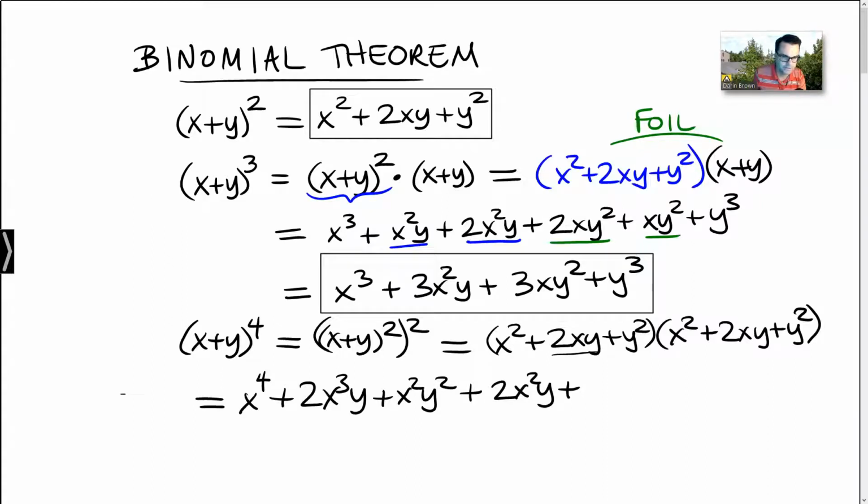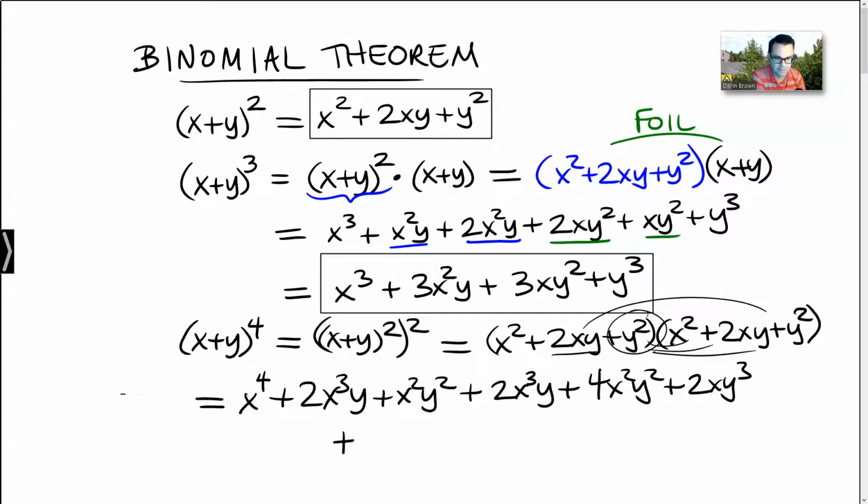Sorry, this should not be x squared y. We're distributing 2xy across x squared, so it's 2x cubed y. Okay. Then the 2xy multiplied by itself gives us 4x squared y squared. 2xy times y squared is 2xy cubed. Now we distribute the y squared across, get another x squared y squared, 2xy cubed, and y to the fourth.